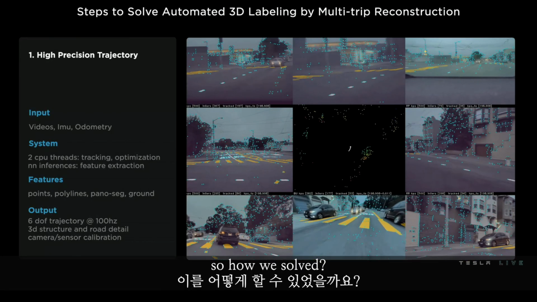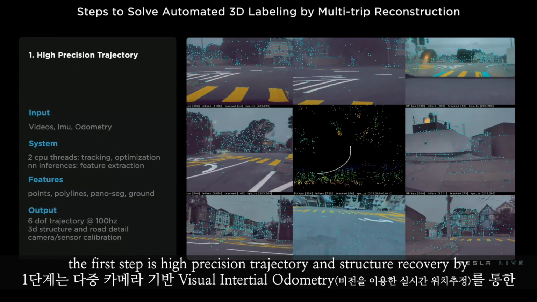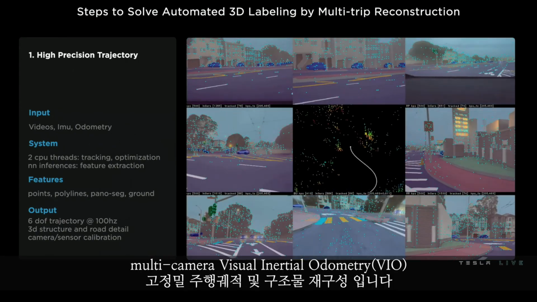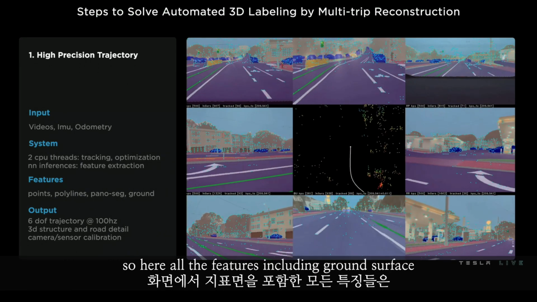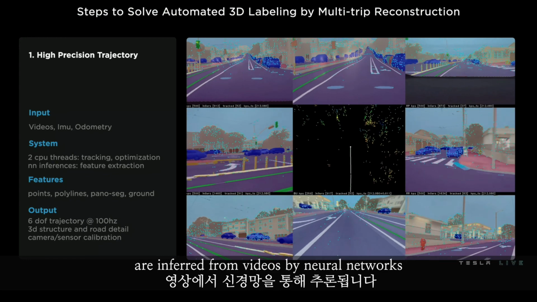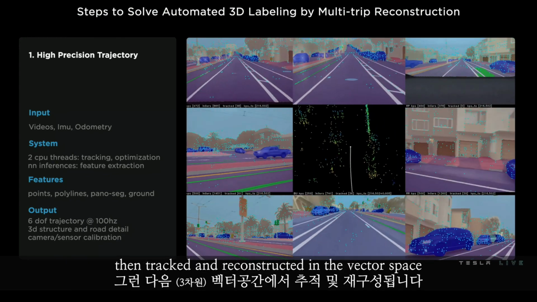So how did we solve this? There are 3 big steps. The first step is high-precision trajectory and structure recovery by multi-camera visual inertial odometry. Here, all the features, including ground surface, are inferred from videos by neural networks, then tracked and reconstructed in the vector space.